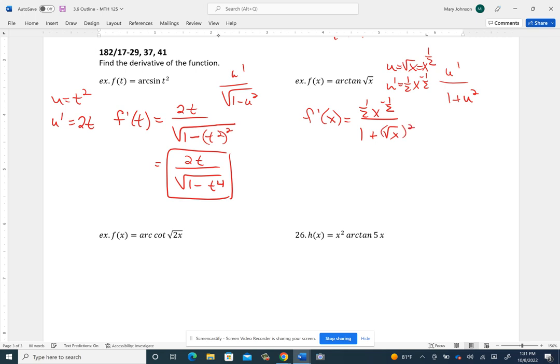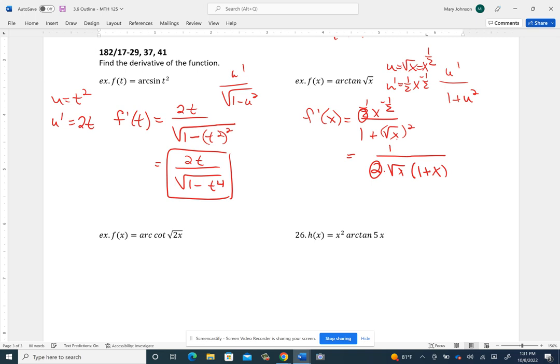Okay. All right, so that winds up being 1 over 2. This 2 would go down here, be 1/2, times the square root of x. That's the x to the negative 1/2 moving to the denominator. And then all of that times 1 plus, and square root of x squared would have been 1 plus x.